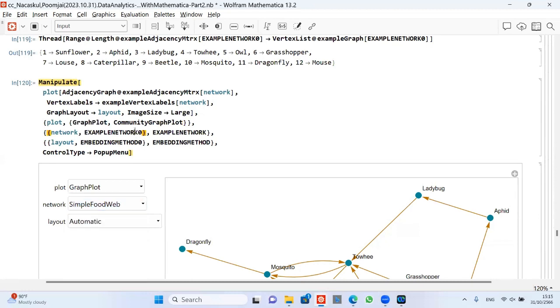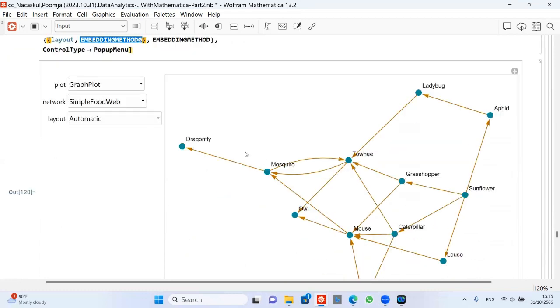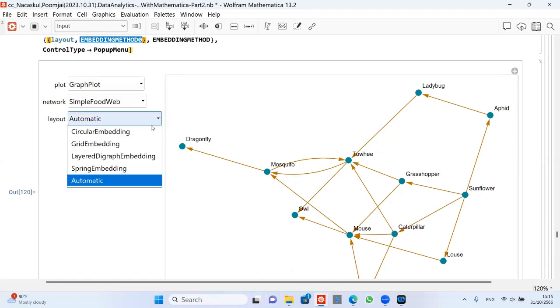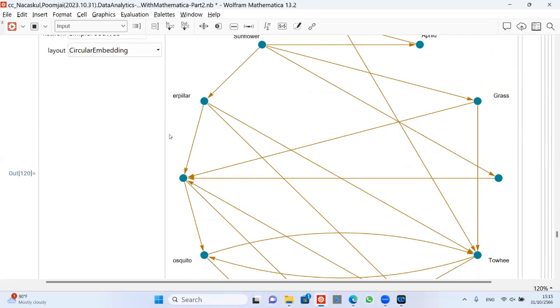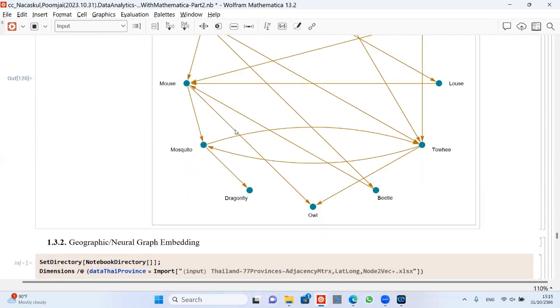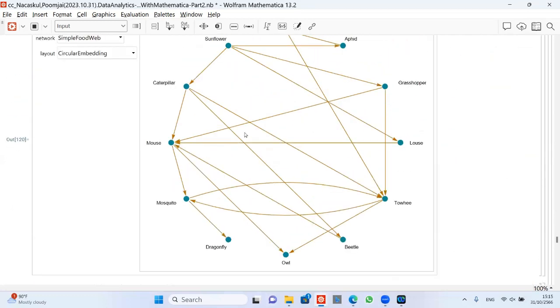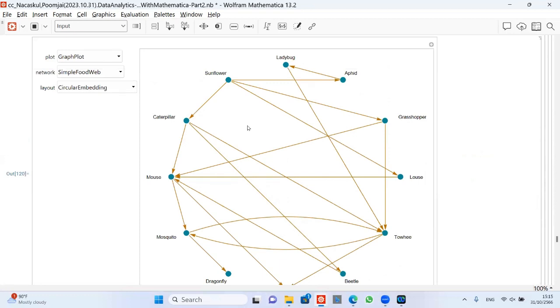But I'm going to start off with the one that I like, and that's the food web. Embedding method, I'm going to start with automatic, but I can choose any other. So basically this layout, I can say circular. See that? Basically that puts things in a circle. Now, has this changed the meaning? No, it hasn't. It just looks nice. I like circle, looks nice.